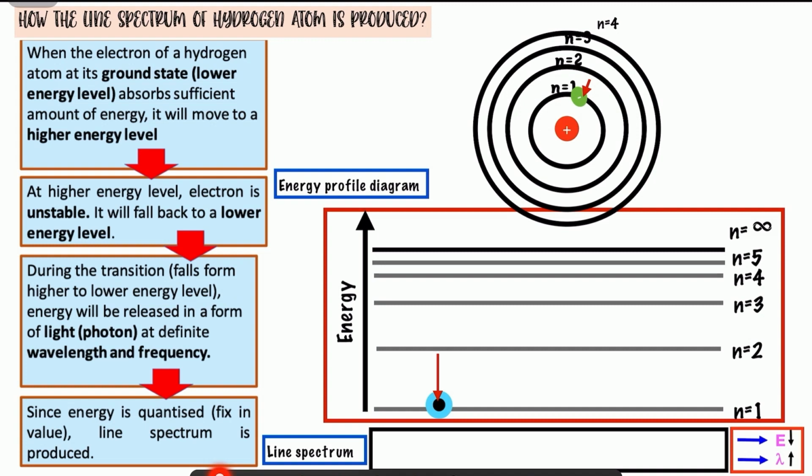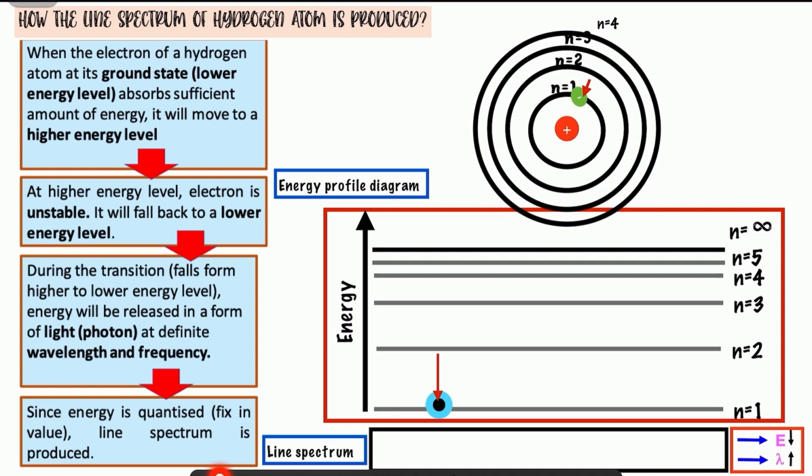When it absorbs sufficient energy, it will be excited to the higher energy level at n equal to 2. What happens at the higher energy level, n equal to 2, where the electron is excited?